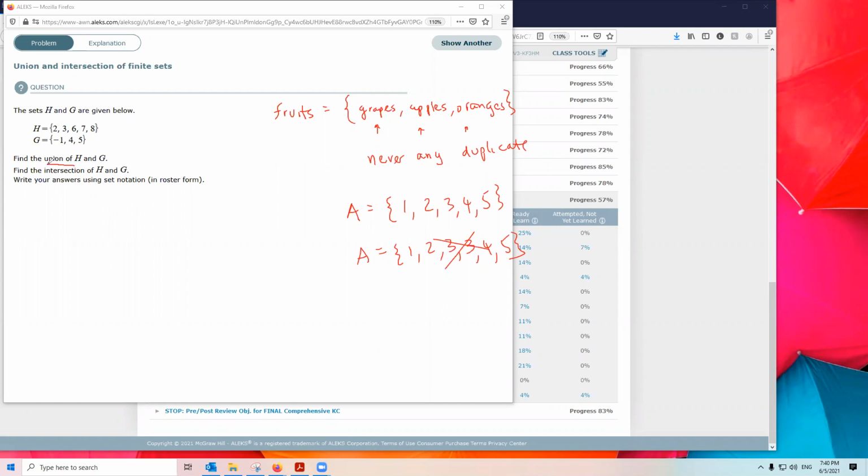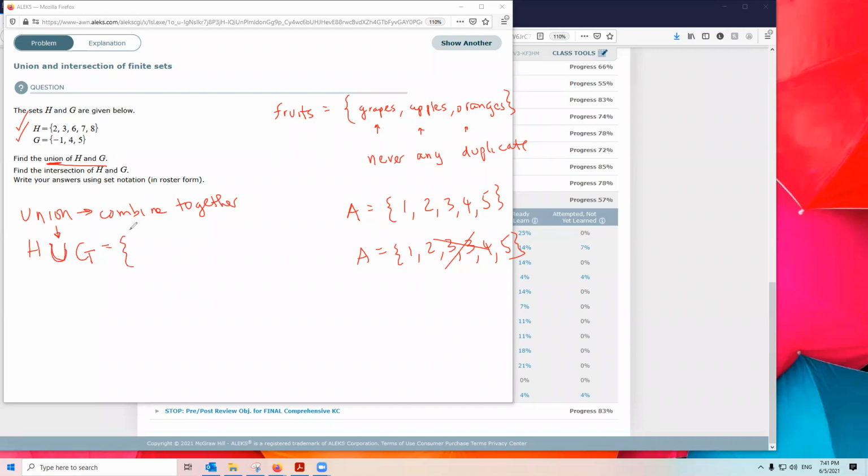It says, find the union of these two sets. They're giving me a set H and a set G. They're asking me to find the union. Union means combine together all the elements in both sets. And we usually use a U symbol. So H union G, this U represents union.